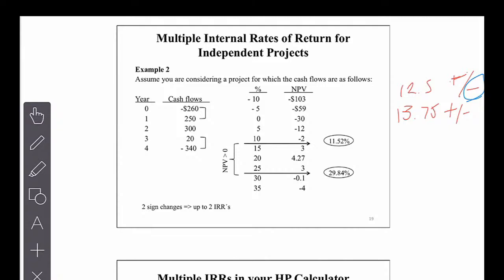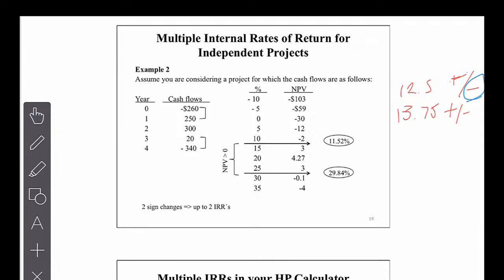So which one does your calculator give you? Or do you get both? If you have an HP calculator, you can get it to give you both, but I don't think any of you have that, so I won't go into that. If you have an HP and you want to know, let me know.